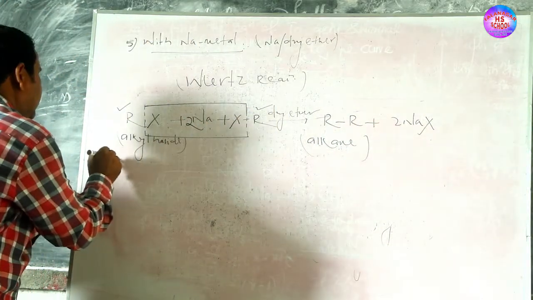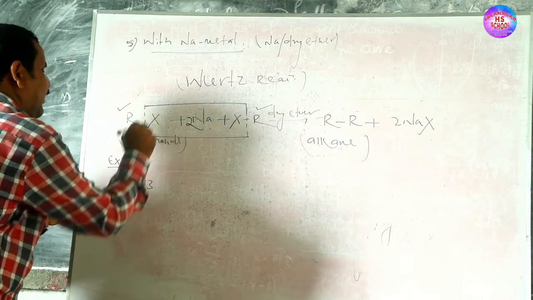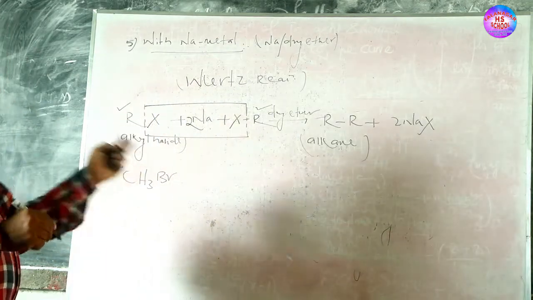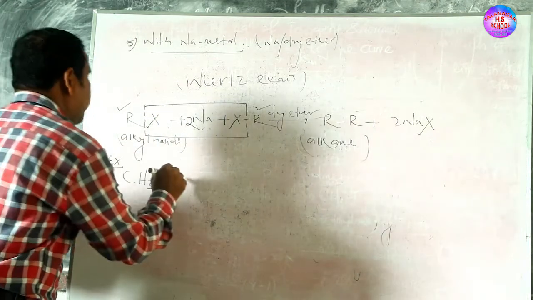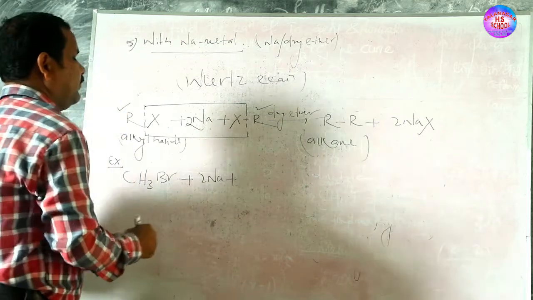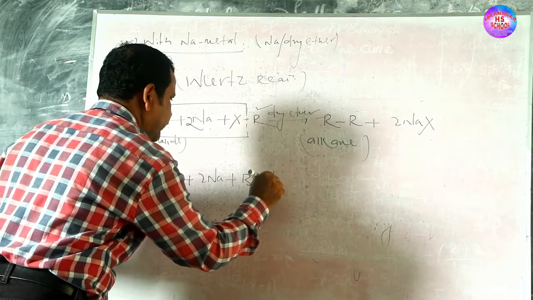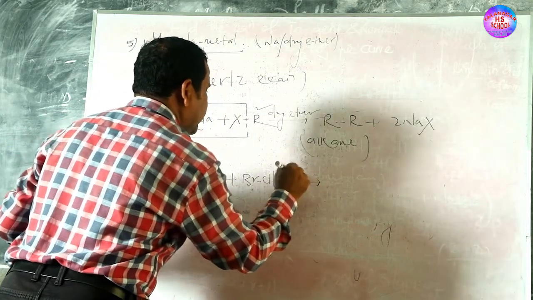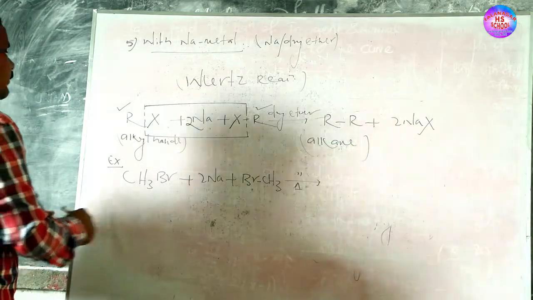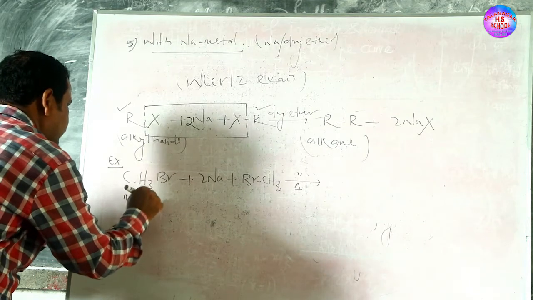For example, if you write R equal to methyl and X equal to bromine, CH3Br plus 2Na plus Br–CH3 in presence of dry ether, and upon heating. This compound is methyl bromide.